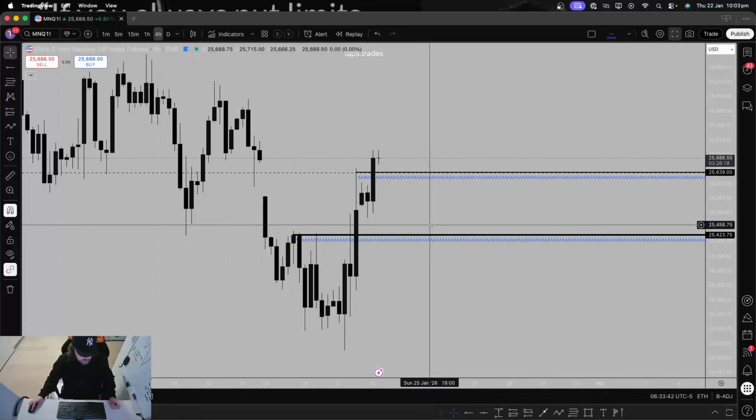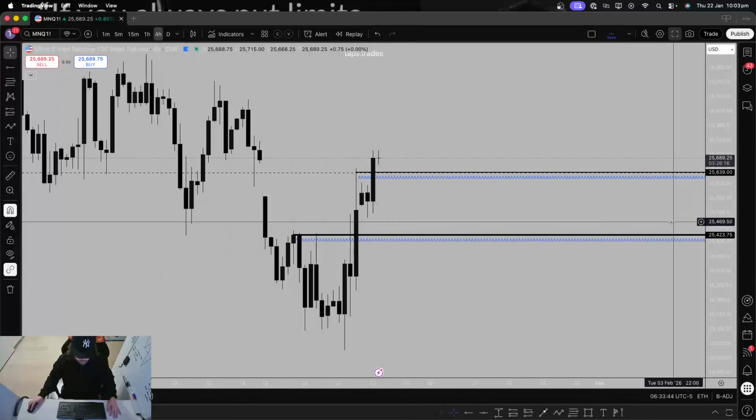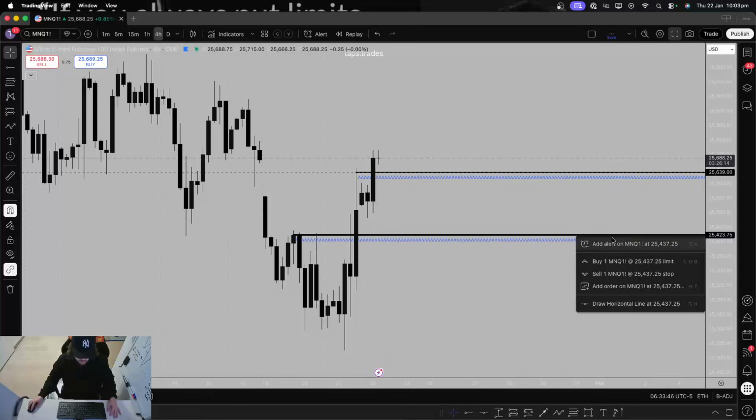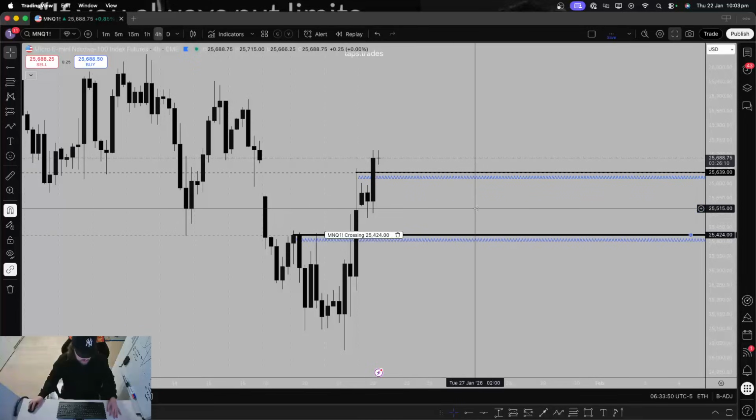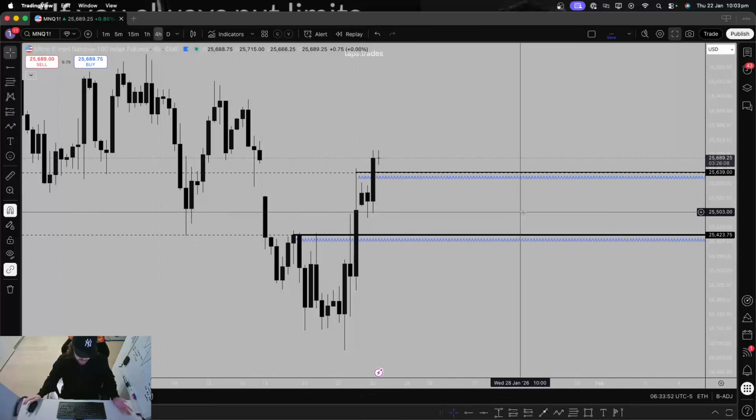What I would probably do as well is mark an alert right here and just wait for price to get to those levels. I'm sitting on my hands and waiting for the indication, waiting for the correction, for me to take advantage of the continuation. That's essentially all I'm looking for on the Nasdaq.